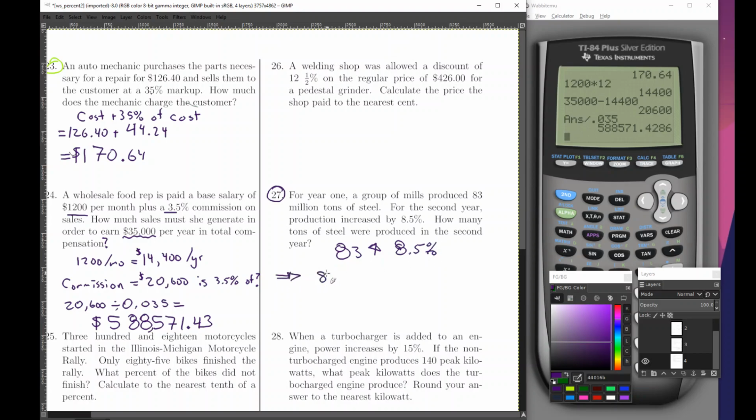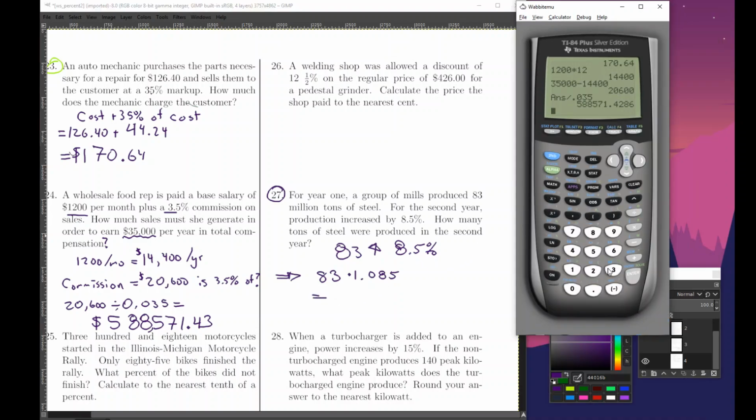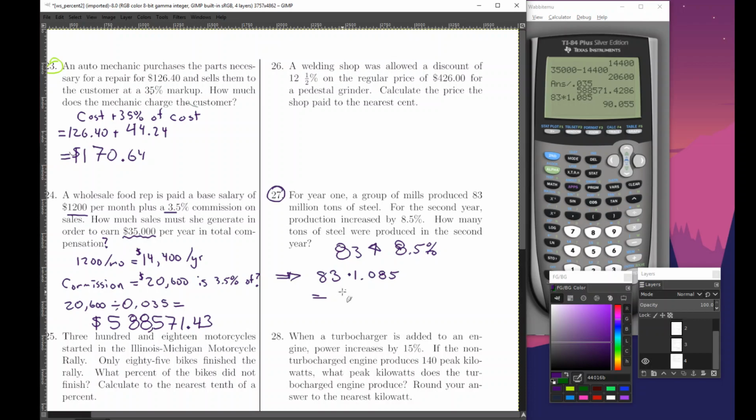That's 83 times 1.085. I'm using that trick that we did before. This is 90.1, we'll say, million tons. We'll round.